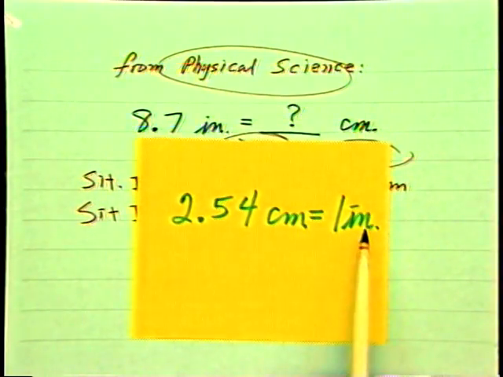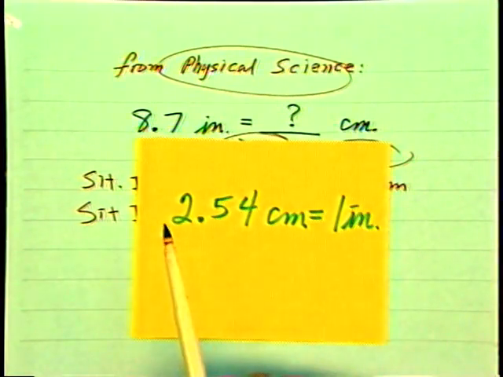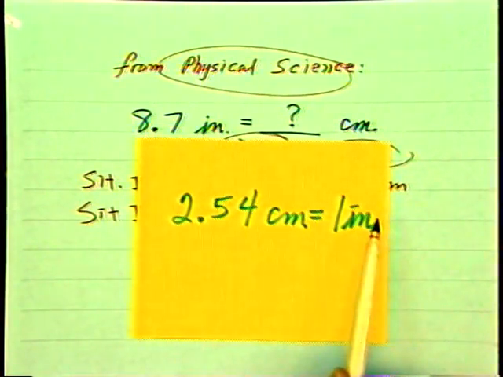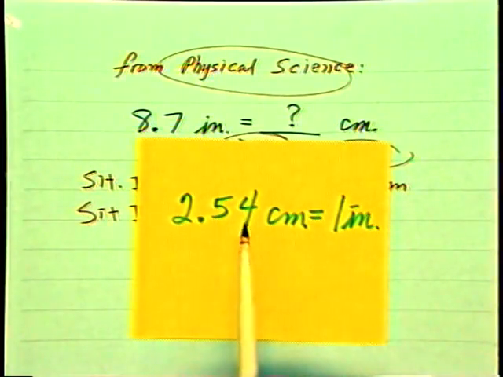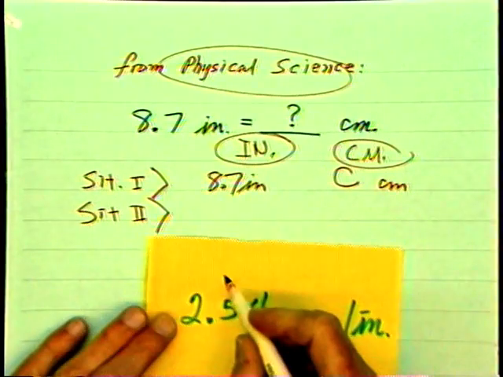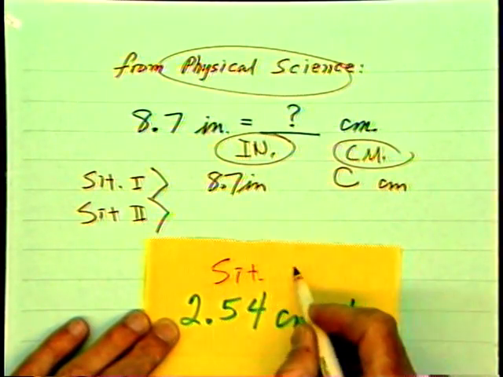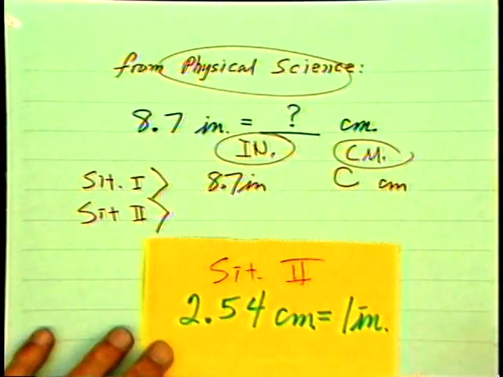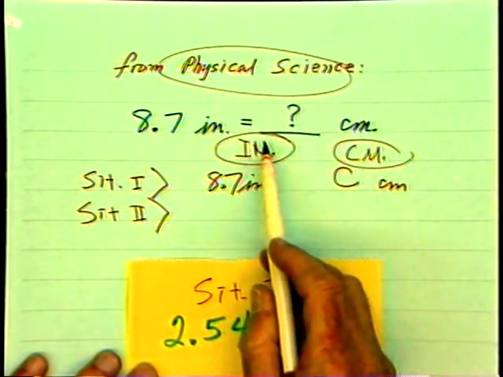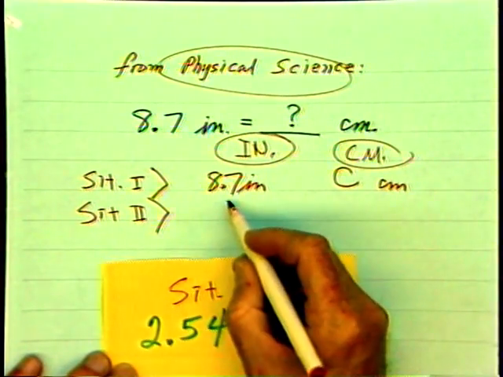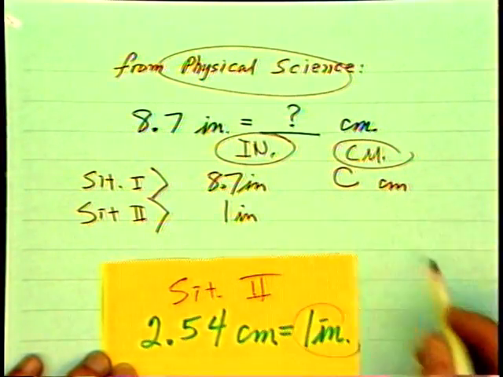Now note what they're really saying. They're saying for every 2.54 centimeters, there is 1 inch. Accurate, of course, to the nearest hundredth of a centimeter. So this, in fact, is my second situation I wanted. So let's see, I have inches first here, so I must have inches first down here, and here it is, 1 inch.